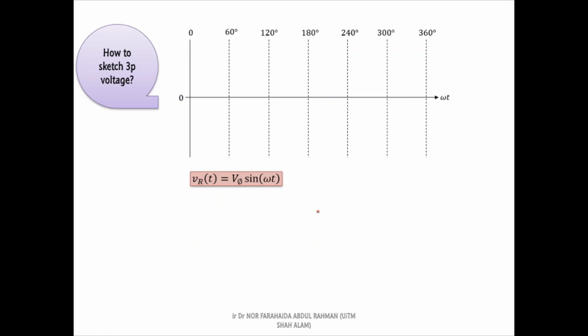We will start with the red voltage. Since the phase angle of the red voltage is equal to 0, the starting time of this voltage is also at 0 point. Next, we will sketch the yellow voltage.